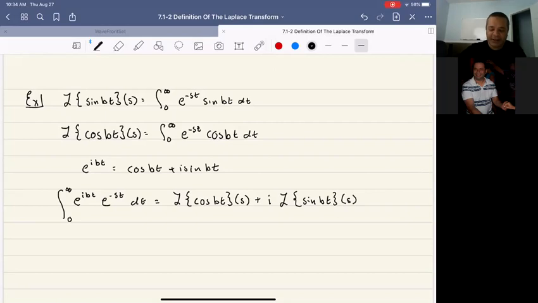And this integral is a lot easier to solve. So let's go ahead and solve that integral.